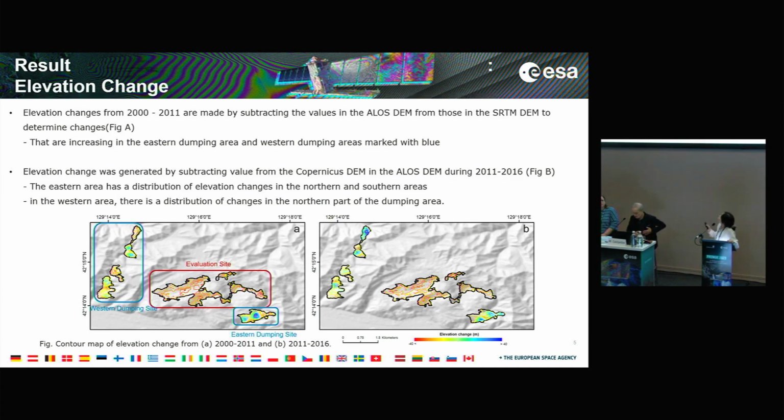The figure shows the evaluation site, the western dumping site, and the eastern dumping site. Elevation changes from 2000 to 2011 are made by subtracting the values in the ALOS DEM from those in the SRTM DEM to determine changes that are increasing in the eastern dumping area and western dumping area, marked with blue.